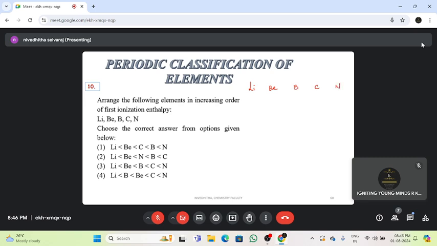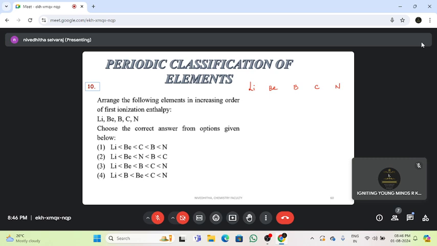So what we'll be expecting is, as we move from left to right in a periodic table, effective nuclear charge increases, so ionization energy also increases. That is what we'll be expecting. But ionization energy not only depends on effective nuclear charge, but also other factors like half-filled and completely filled configuration, penetration effect, and all that, right? So to understand that, please write the electronic configuration of all the elements.